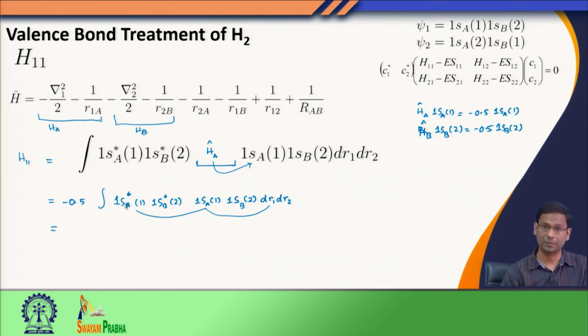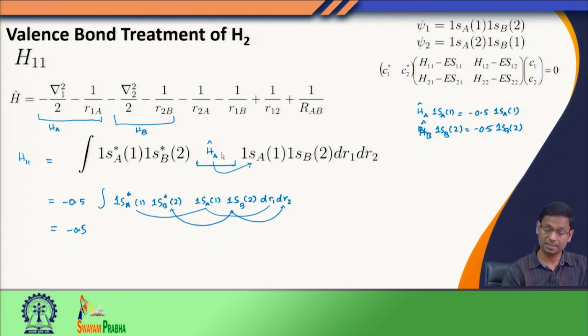So, this is a well-behaved function, and we can always normalize it. If it is normalized, the integral over dr1 becomes 1. Similarly, for the terms that depend on electron number 2, 1s_b star, 1s_b, dr2, when I integrate them, that also gives me 1. Therefore, as a whole I will get minus 0.5 as the answer.